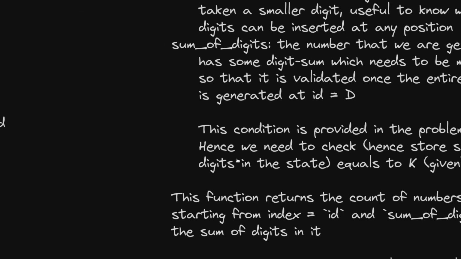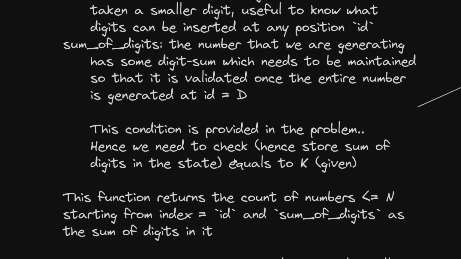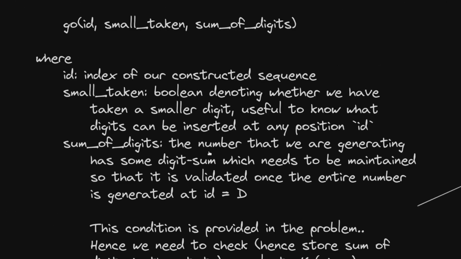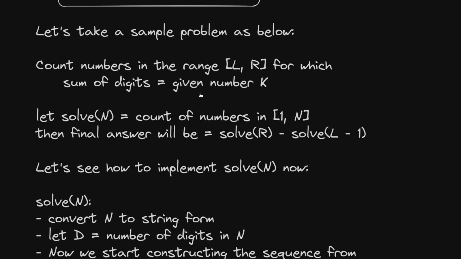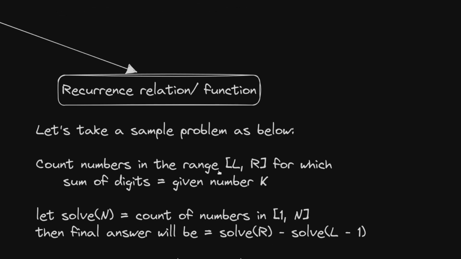So that state is going to help us in inserting valid digits, and sum of digits is the sum of all the digits that we have constructed until now up till index id, and this is going to help for our problem because we want the sum of digits of the number to be k.